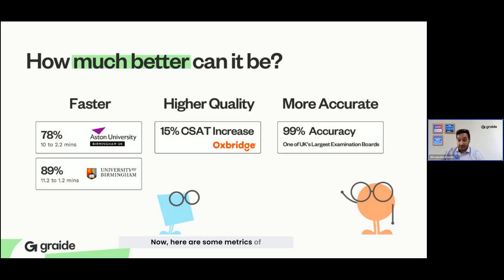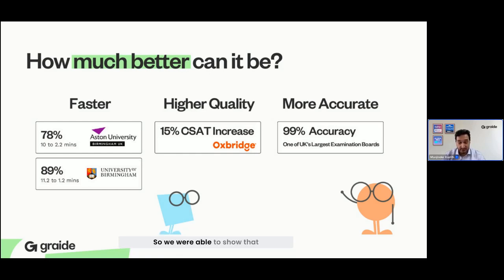Now, here are some metrics of how these systems tend to do. We've shown that these systems can be a lot quicker. They can learn and reduce the amount of time it takes to grade work by up to 90%. But they've also shown, and this is why I said the feedback quality is so important, that the quality as interpreted by students is also increased.